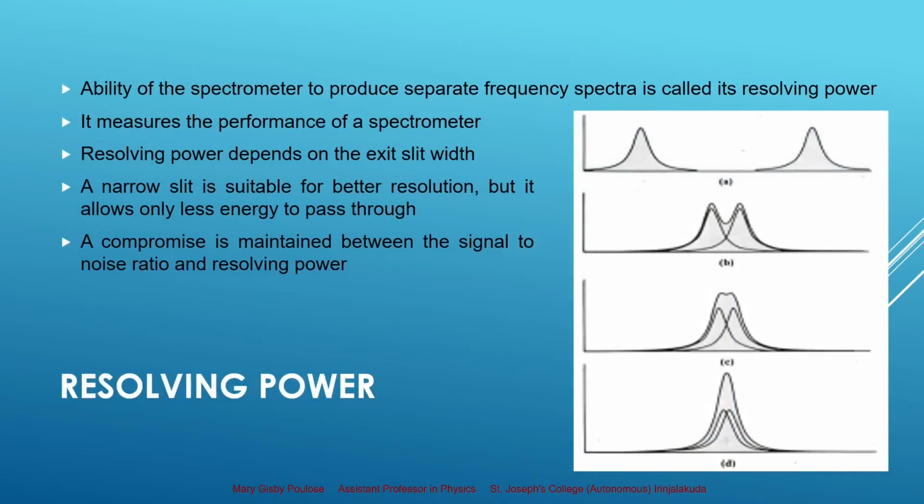Now another factor that can improve the spectrum is the resolving power of the detector, the resolving power of the spectrometer. Now, the resolving power is defined as the ability of the spectrometer to produce separate frequency spectra. If you remember properly, in the spectrometer that we use in the lab, we can see the different spectra while observing white light through the grating.